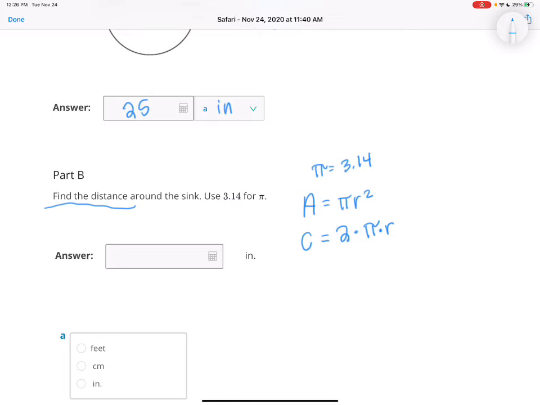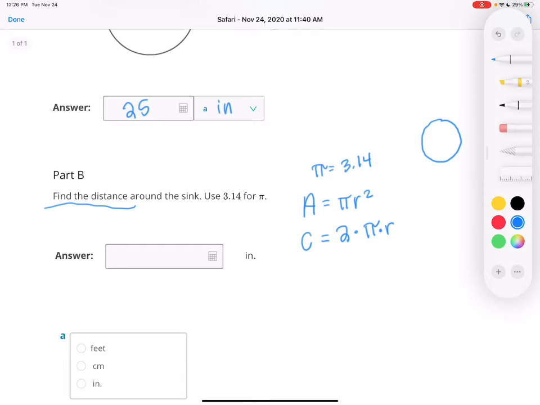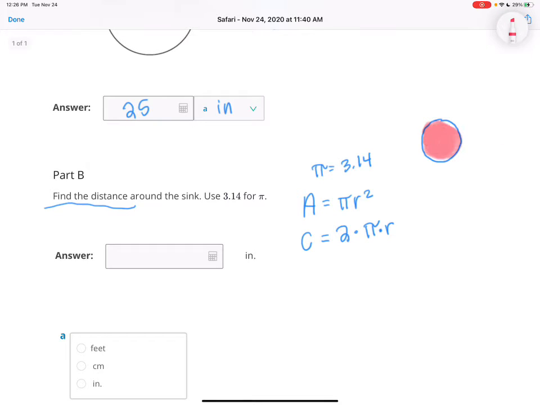Okay. So I'm going to draw a circle. Area is for inside the circle. Area is inside the circle. Okay. Area will be inside the circle.